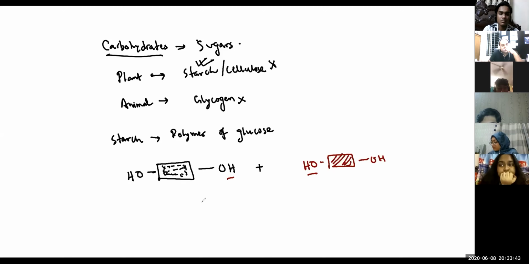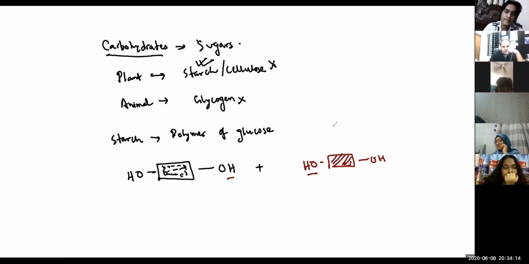আচ্ছা. So in ester, এস্টারে তোমার কার্বক্সিলিক অ্যাসিড থেকে which part goes away? OH. Carboxylic acid থেকে OH goes away. আর alcohol থেকে what goes away?